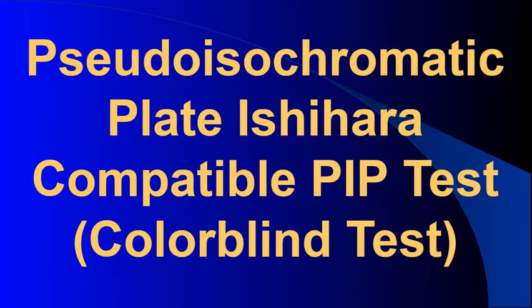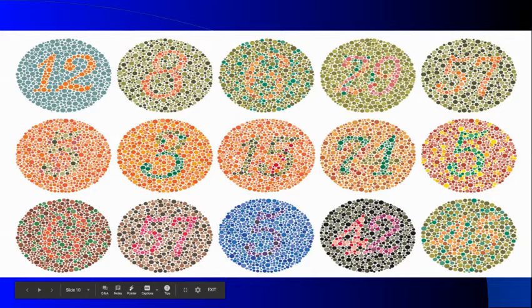Here we have the pseudoisochromatic plate Ishihara compatible PIP test. That is the official scientific name of a typical colorblind test. Colorblind tests are used to determine if an individual is colorblind.